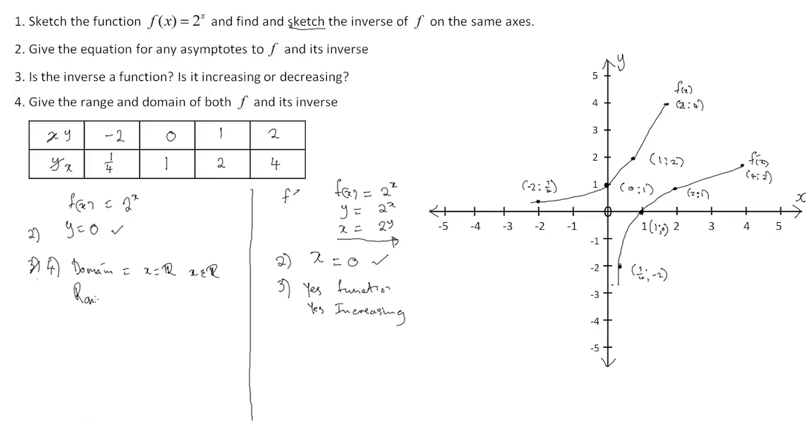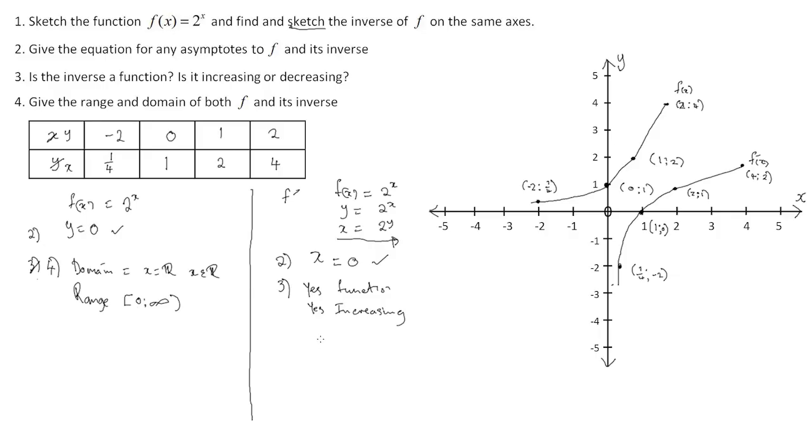With the range, we are looking at the y values. Can you see the y values never touch the x axis? So there's kind of a restriction there. So we say it is from 0 to infinity. So that's your domain: x is an element of all real numbers, and for the range we see there's a restriction. It never touches the asymptote. So we say that y is greater than 0.